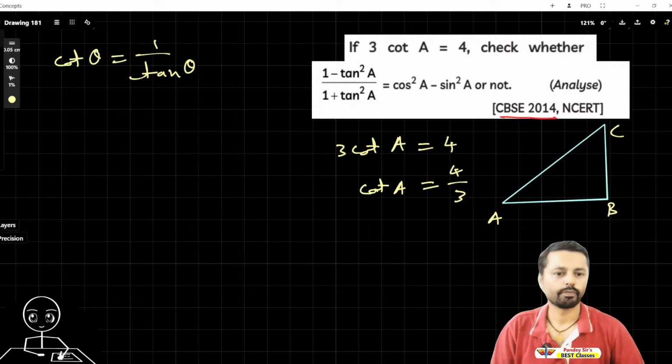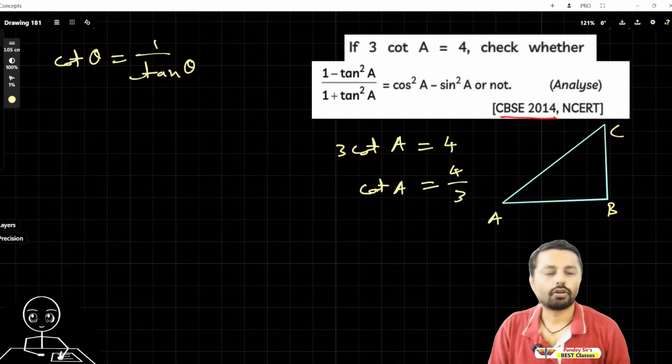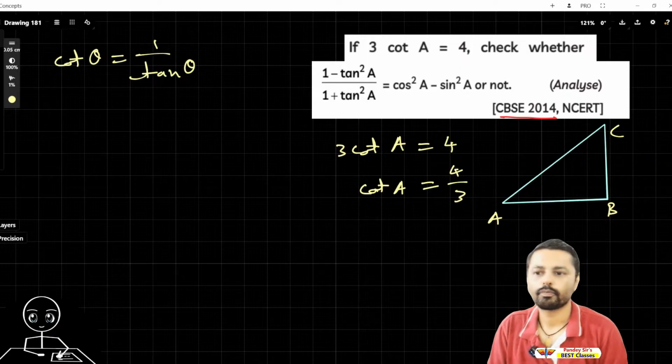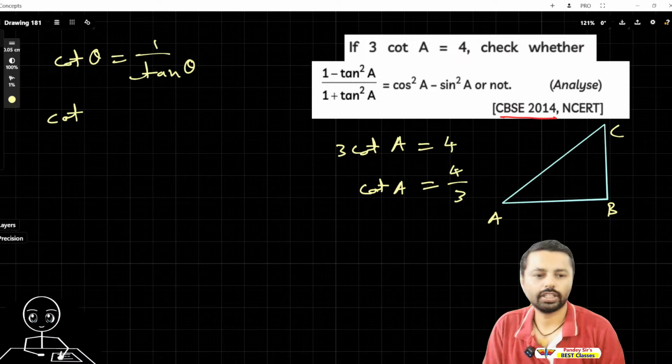Got it? So cot is base by perpendicular, meaning cot A is B by P, that is 4 by 3.